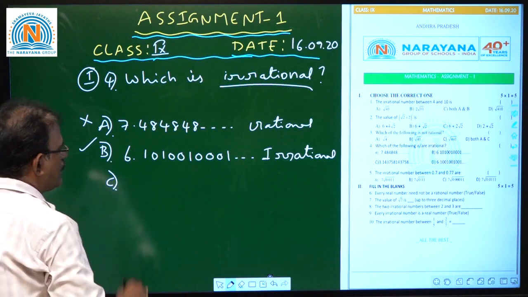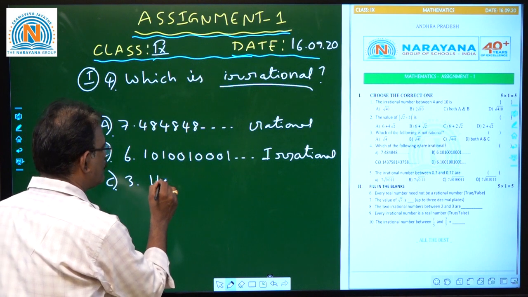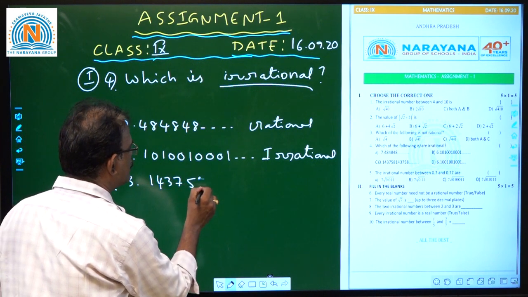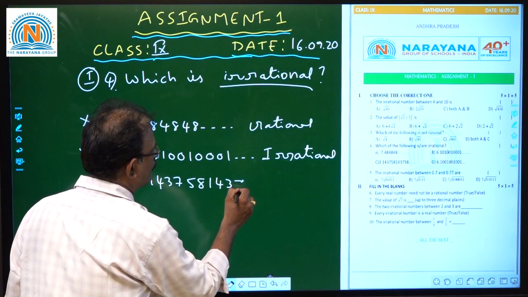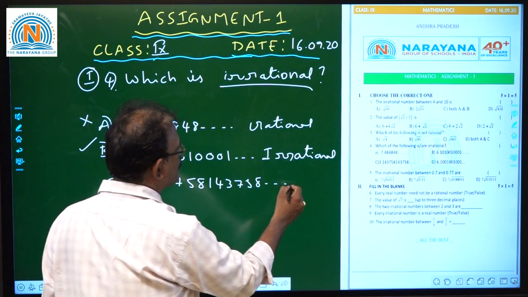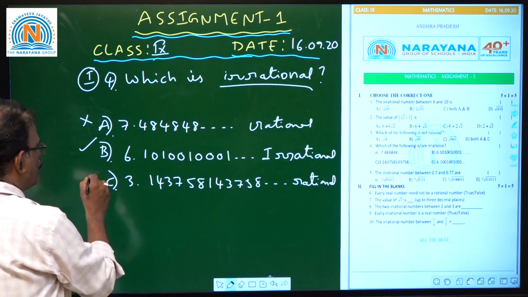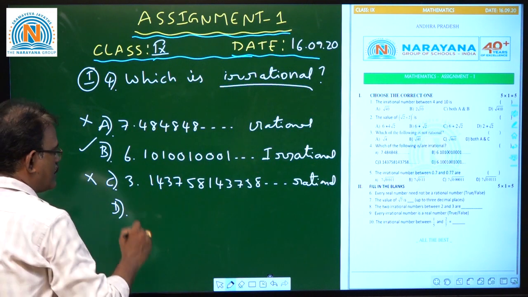Coming back to C, this is 3.14378 143758 and so on. It is repeated again and again. Repeated means rational, and we want irrational, so we can reject the C option also.